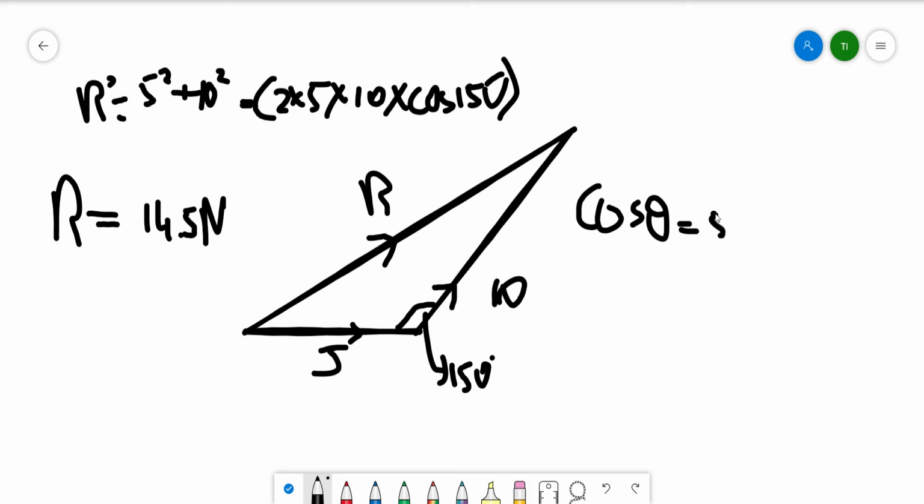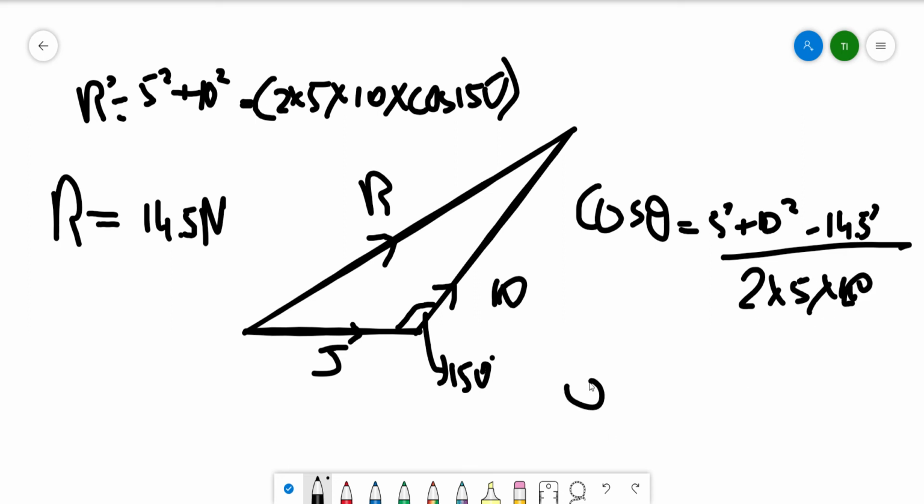So 5 square plus 10 square minus 14.5 square, the whole thing divided by 2 into the forces at the lengths beside the angle, so 5 into 10.